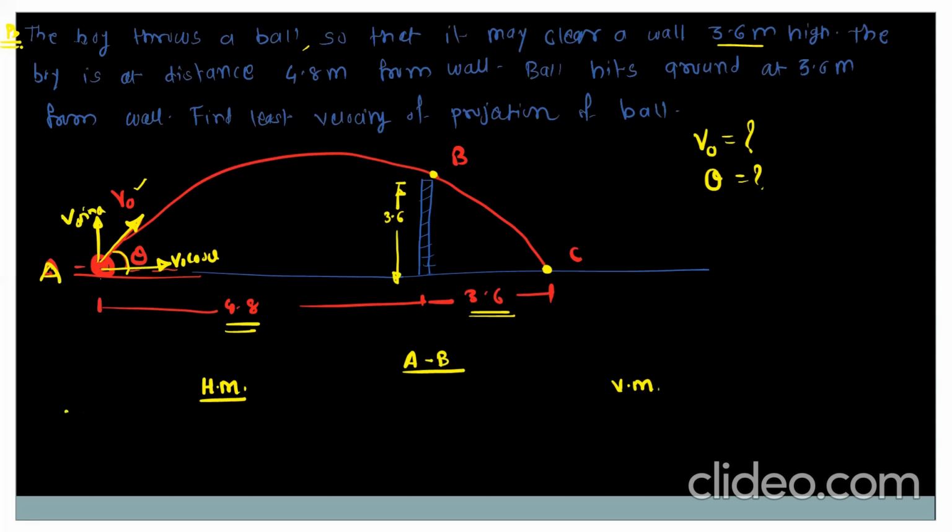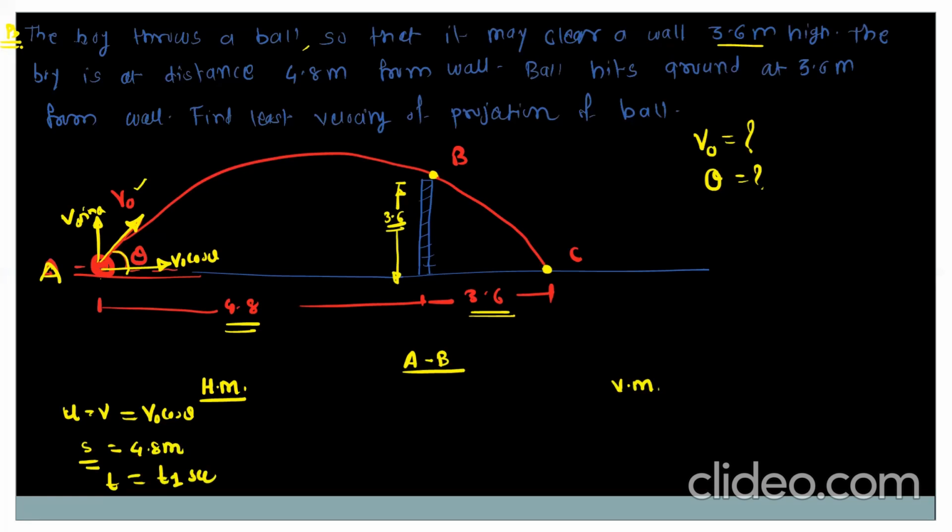So initial velocity is equal to final velocity, that is equal to V naught cos theta. Then displacement from point A to B. So B is the point just above the wall. So we can take the height at that point as 3.6 meter and the horizontal distance as 4.8 meter. So for the horizontal motion, we can take displacement as 4.8 meter. Then time t, just assume this as t1 second.